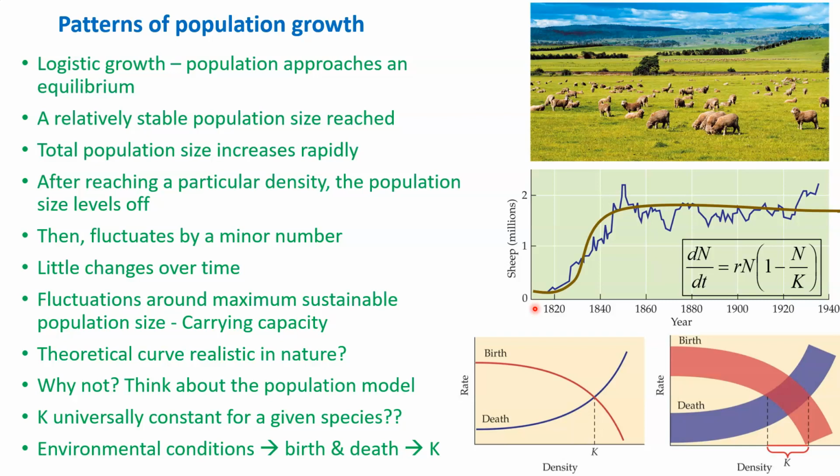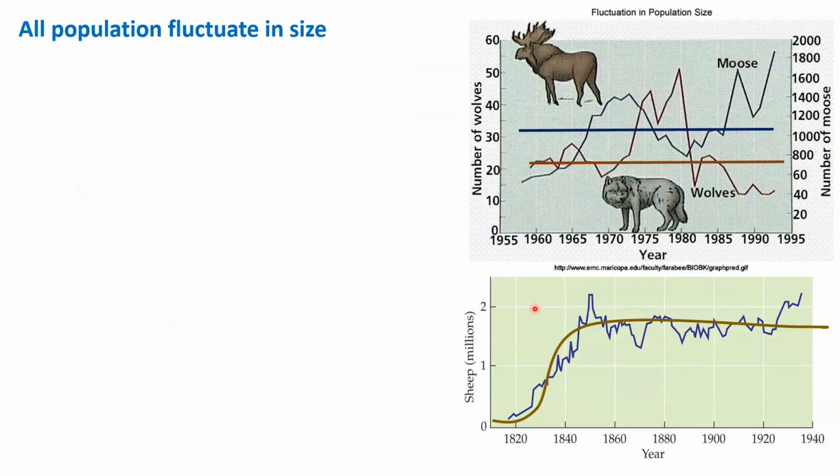Birth and death rates will vary even for the same species, and even across different populations of the same species, carrying capacity will not be a universal constant. Environmental conditions act through density independent growth influences and impact birth rates and death rates, which then impact carrying capacity. As a result, carrying capacity is not a theoretical constant.